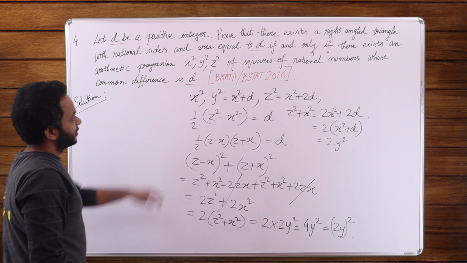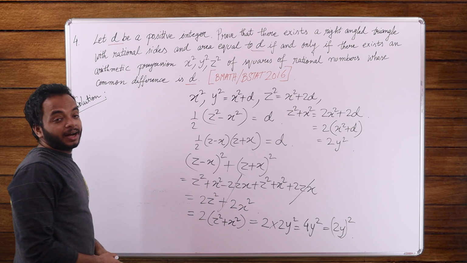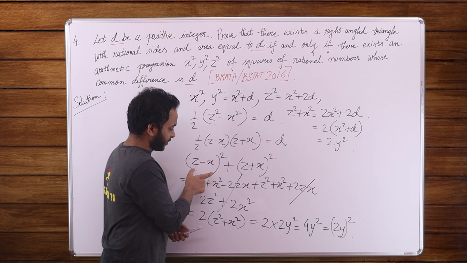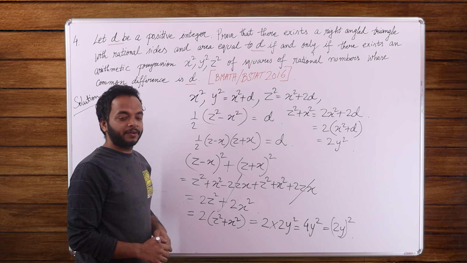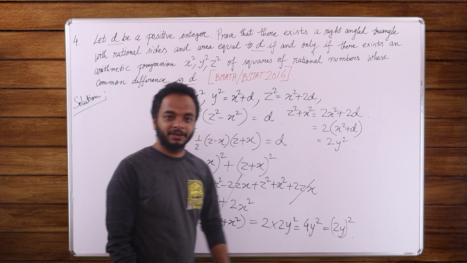Okay, so these x square, y square and z square are squares of rational numbers, and so you have z minus x to be a rational number, and z plus x is also a rational number, and 2y is also a rational number.